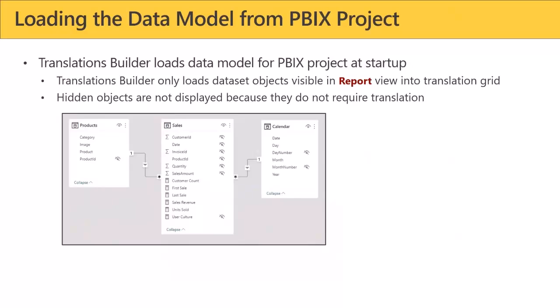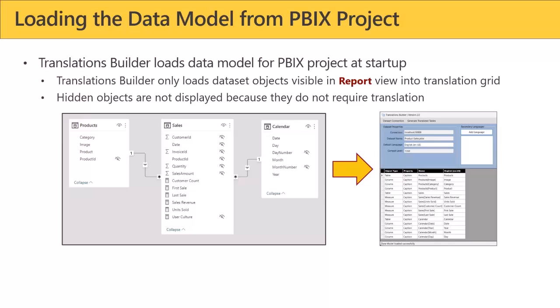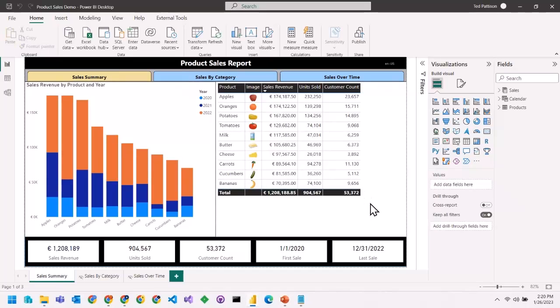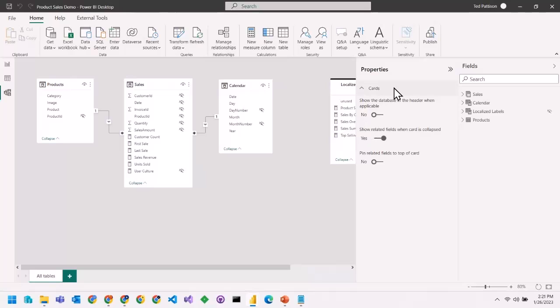Now, when we load the data model into this tool, it's only going to load things that are visible in report view. There's really no reason to load in things that are hidden, because those aren't things that we show to the user. They don't need to be translated. So if you do the lab, this is going to be your starting point.